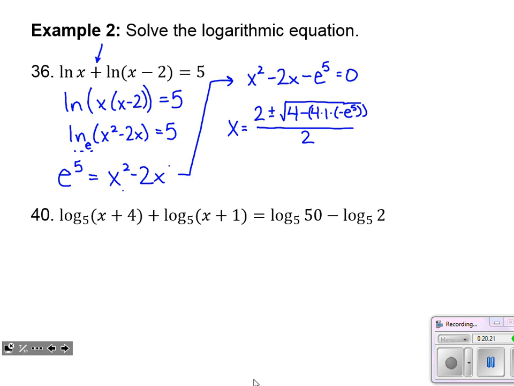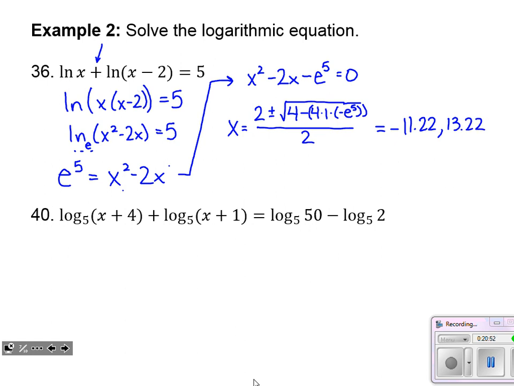So I'm going to use that right now just for sake of time and space in these notes to solve this. Quadratic formula, my a value is 1, my b value is negative 2, c value is negative e to the fifth. And I get two solutions. I get negative 11.22 and positive 13.22.